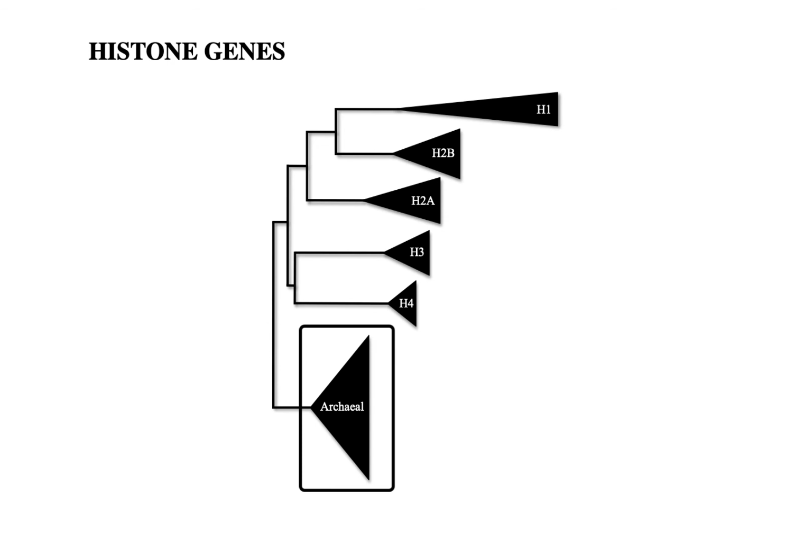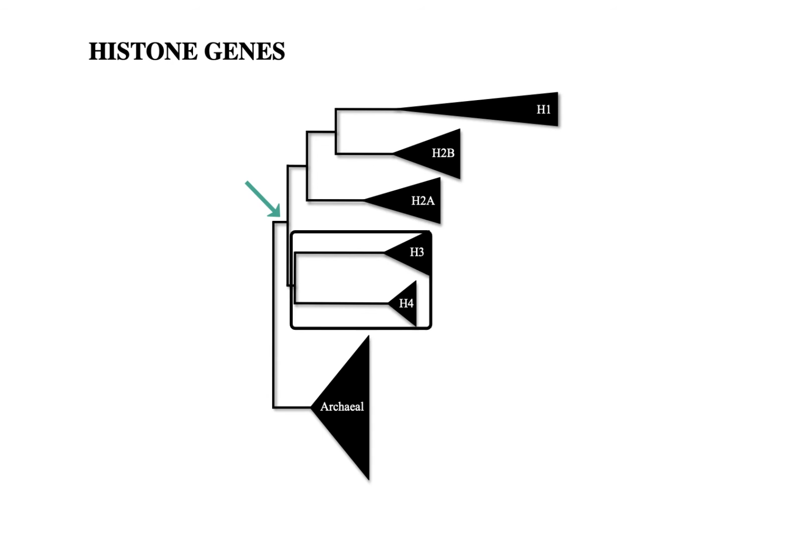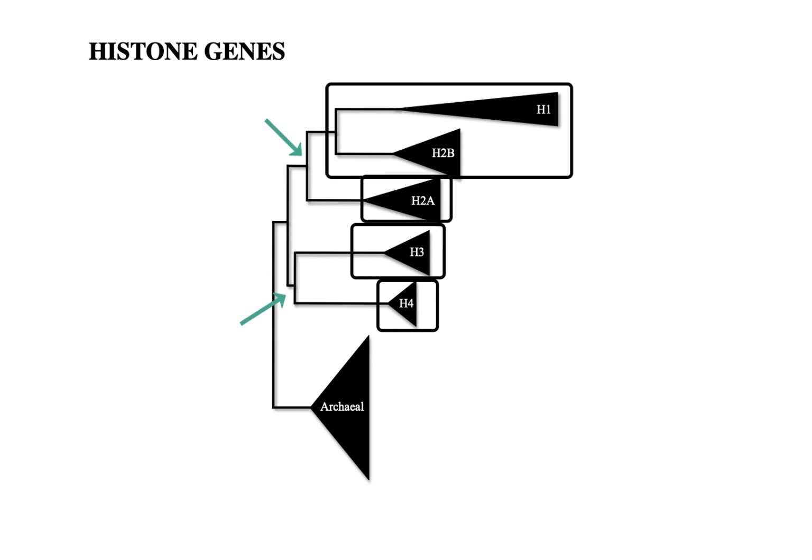The first separation was between an H3, H4 group and an H1, H2A, H2B group. And then there was further diversification which split the H3 and H4 group, as well as the H2A, H2B, and H1 group.